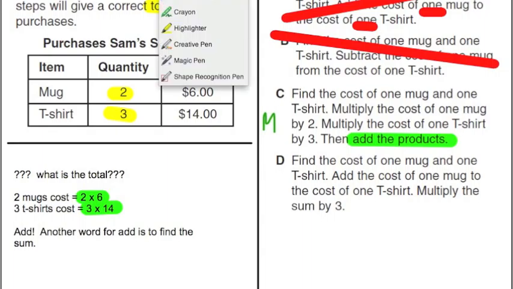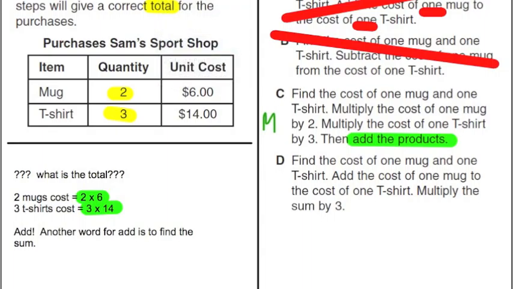Let's look at answer choice D. Find the cost of 1 mug and 1 t-shirt. Add the cost of 1 mug to the cost of 1 t-shirt. Multiply the sum by 3.